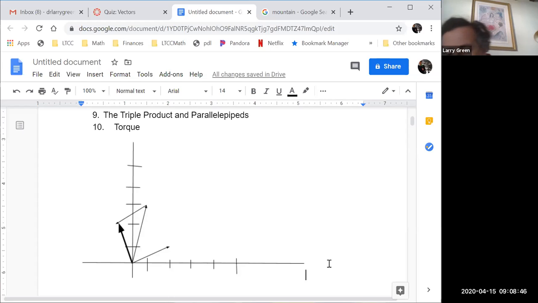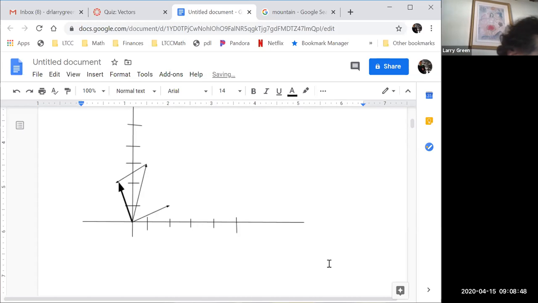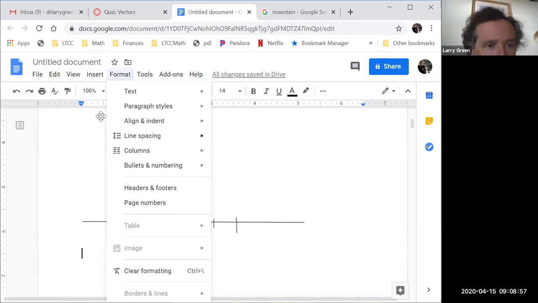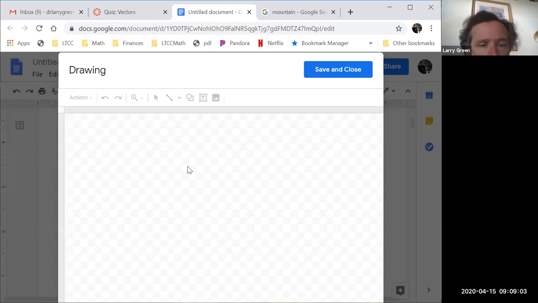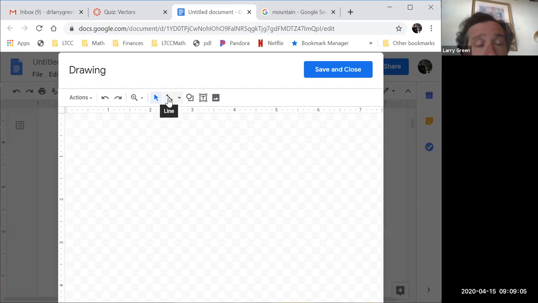Okay, now what I want to do is sketch the point 3, 1, 2 in XYZ space. So let's do that. Again, I'm going to insert a drawing. The first thing I need to draw is the XYZ coordinates.